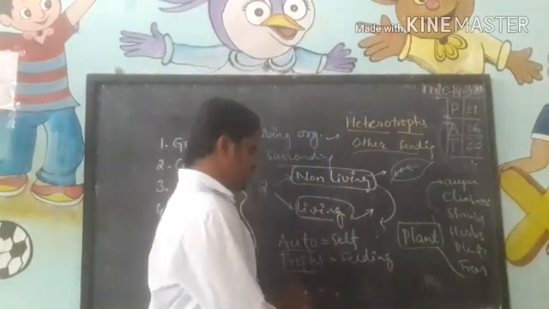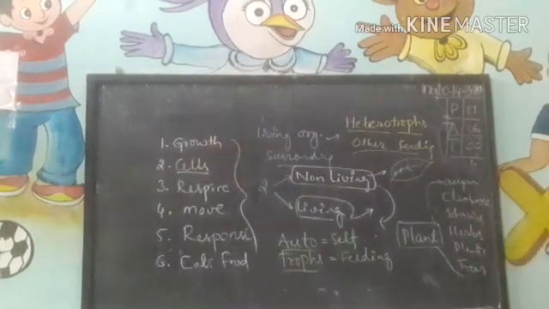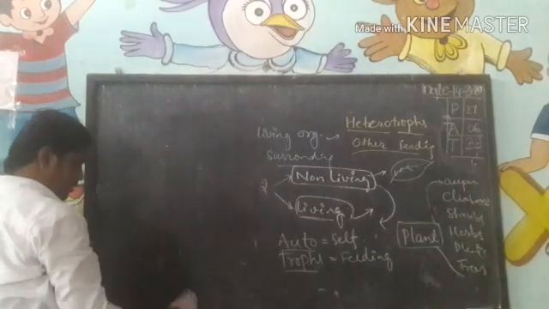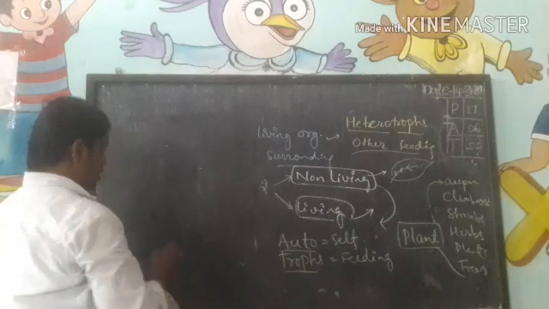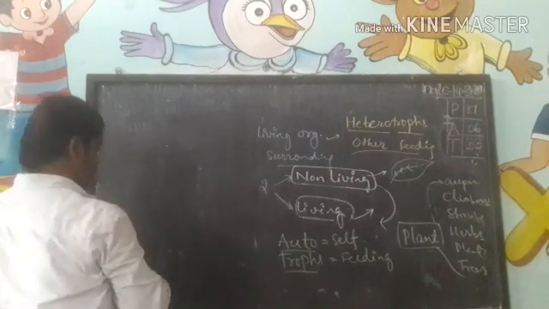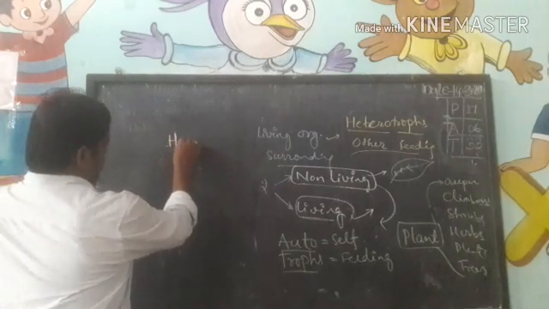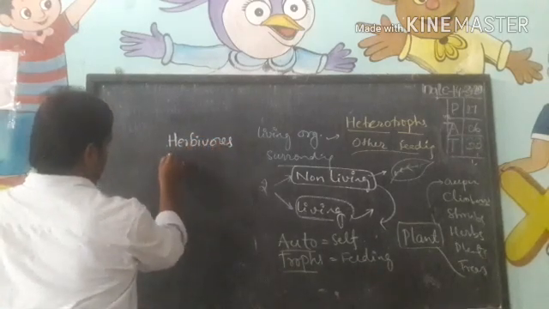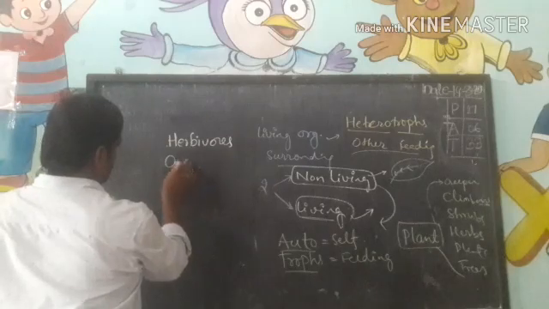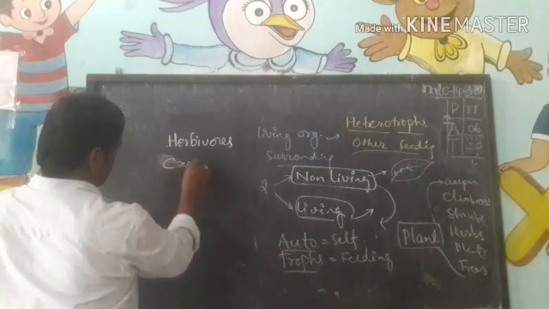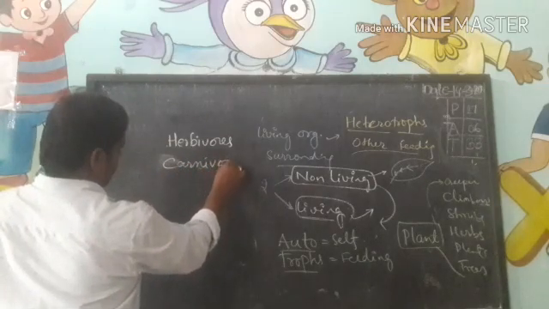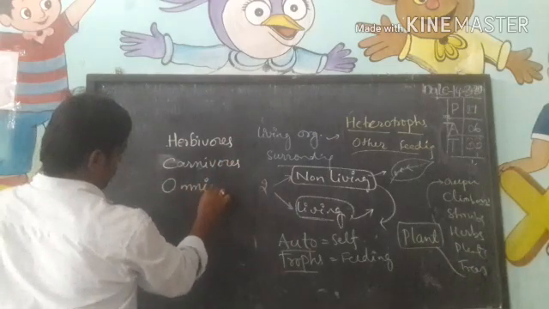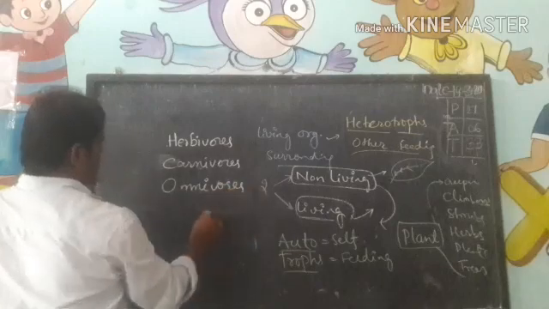Remember, heterotrophs, according to nutrition, are divided into three types: herbivores, carnivores, and omnivores. What are these?